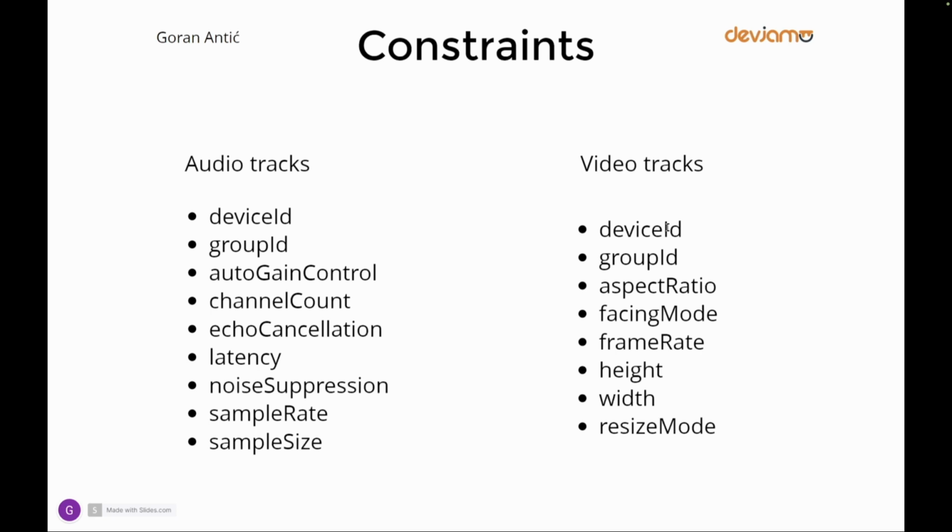Yeah, for audio as well, I didn't play around with audio that much, but there are some things here that can be useful, for example, if you want to promote quality or speed with getting the audio, and this is good if you want to use the audio for recording and playback. Noise suppression is good for calls and echo cancellation as well.